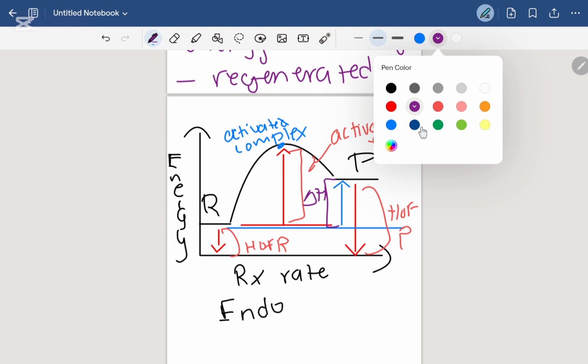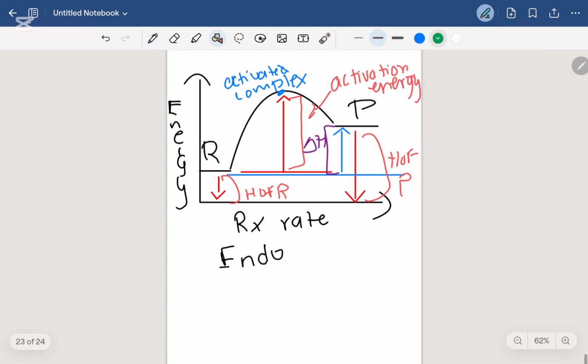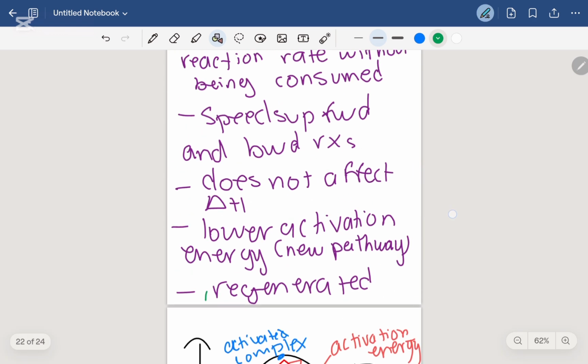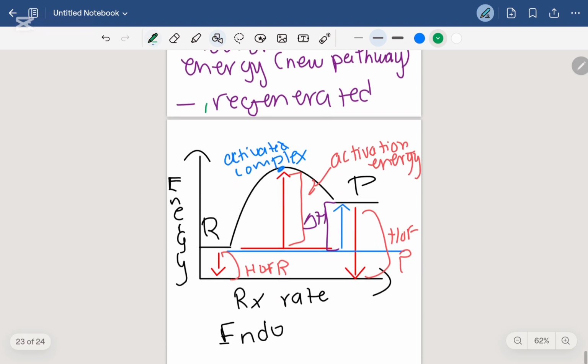In black we have the activation curve but without a catalyst. So what does the catalyst do? It speeds up the forward and backward reactions. So this is the forward reaction, and then you will get the backward reaction, which is like this, okay? So it will speed them up. If it speeds them up, then they will become shorter.